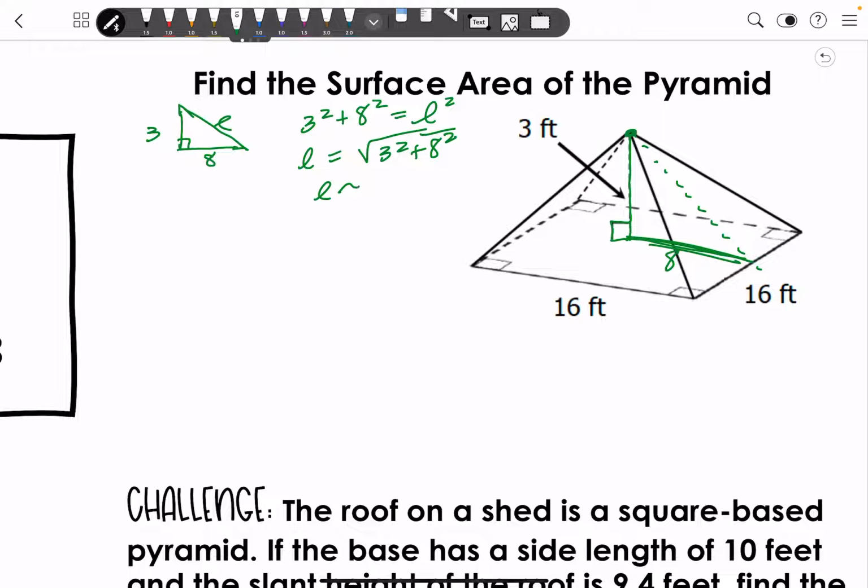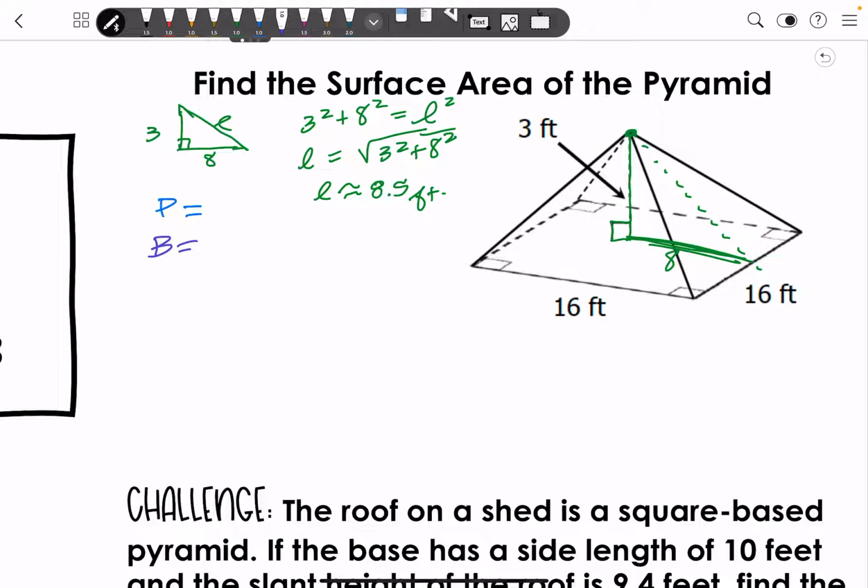And you're going to get approximately 8.5 feet. And now that you've got your slant height, you can go ahead and figure out what your perimeter is, and actually you could have beforehand anyways, and the area of your base, and just plug it into your calculator.